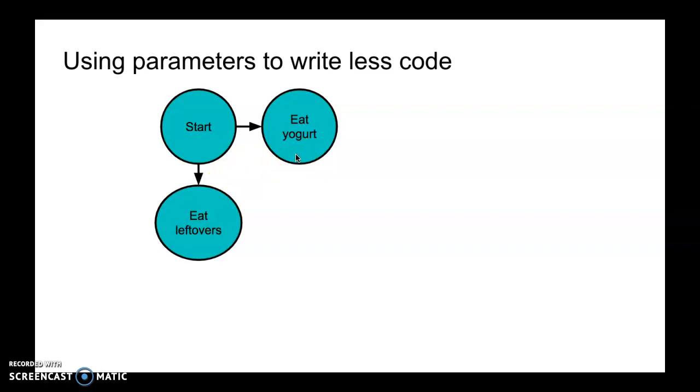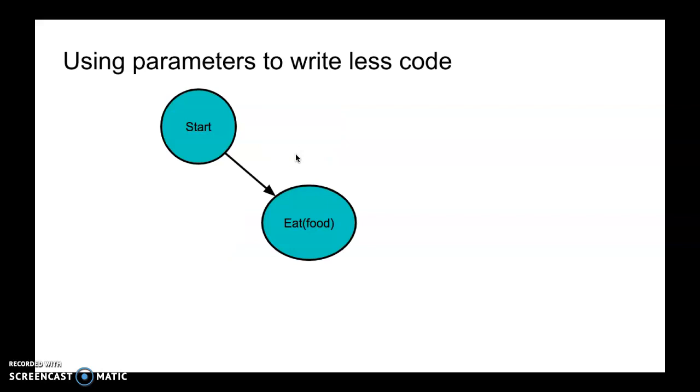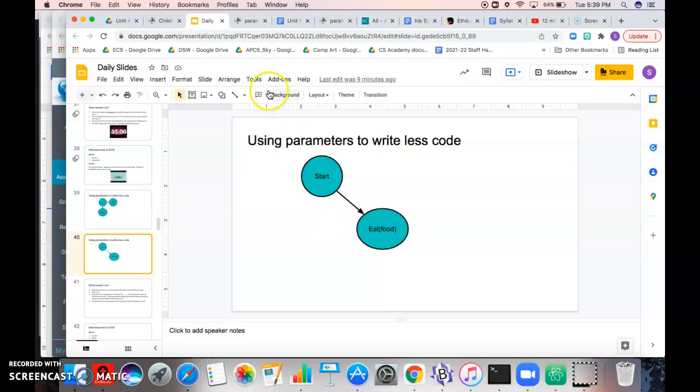So what we could do instead is make just 2 knots. The start, and then an eat knot where we have a parameter for the food that we're going to eat. So our food could be yogurt or it could be leftovers. So even in this simple little story, we can already go from 3 knots down to 2. So let's take a look at what that looks like in the code.